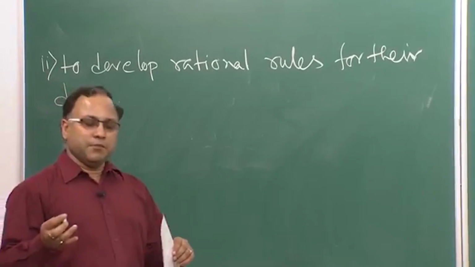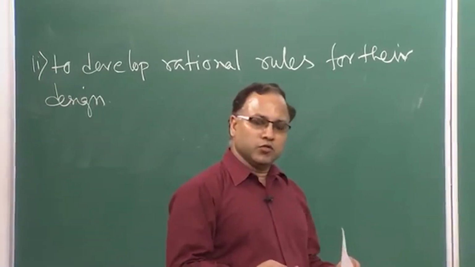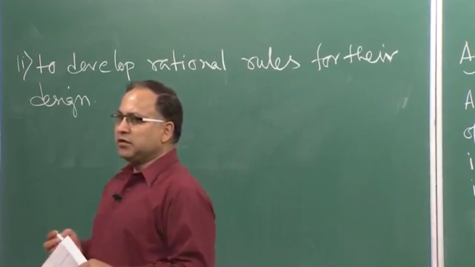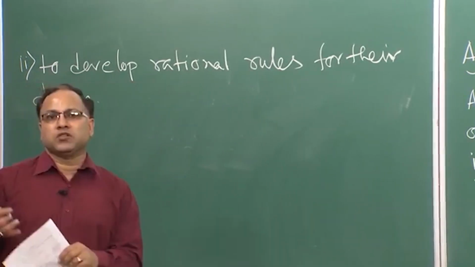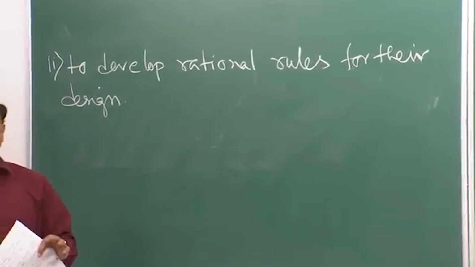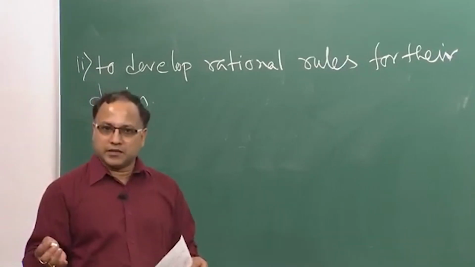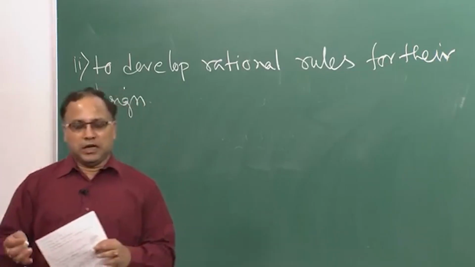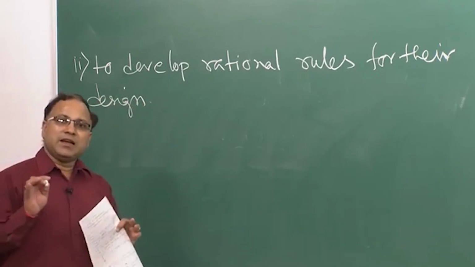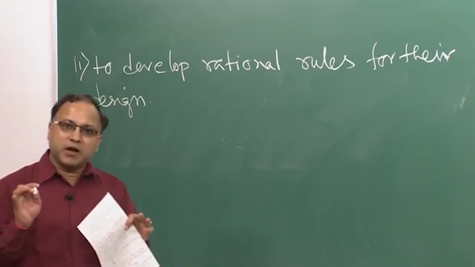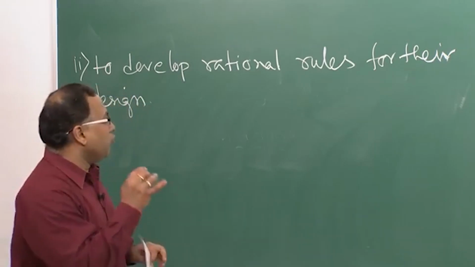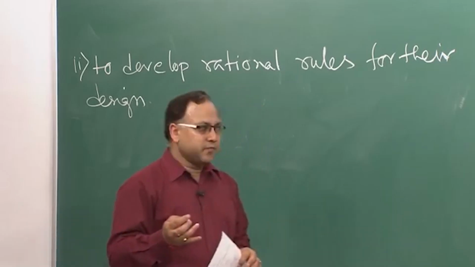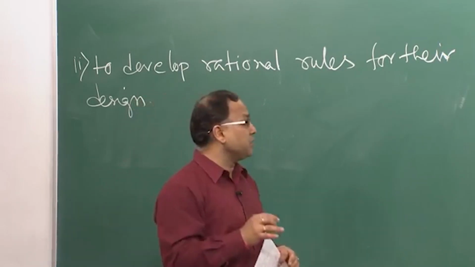So basically the mechanics, as I told you, is to understand how the forces will behave and how the forces will cause a motion. That physics is basically your mechanics, as you have seen from your 10+2 also, in 10th standard also. So that is called the mechanics part of physics. Now what do you mean by applied mechanics? So applied mechanics is the science of applying the principles of mechanics.